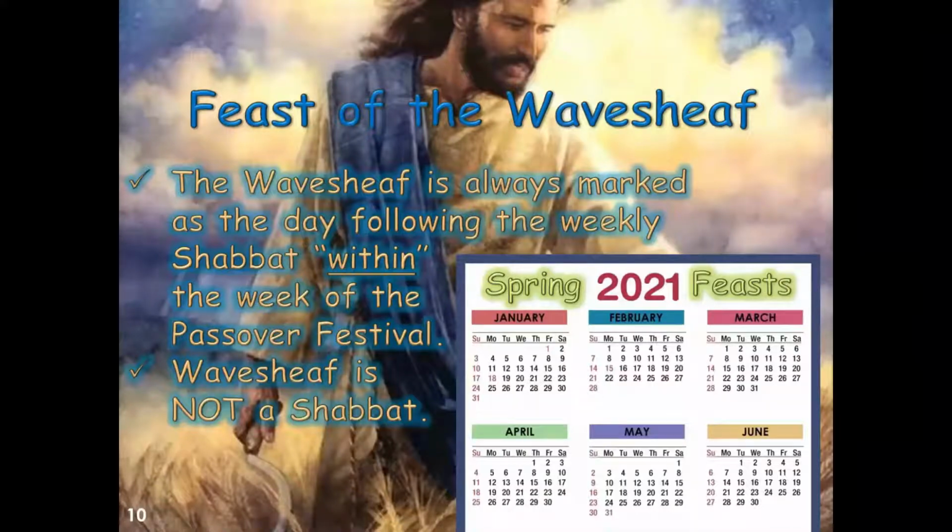Okay, this is probably the trickiest one to figure out. The reason that Tim emphasized that is because a lot of the Dead Sea calendars, Enoch, Essene, and Zadok, use their wave sheaf as the Shabbat outside the Passover week.